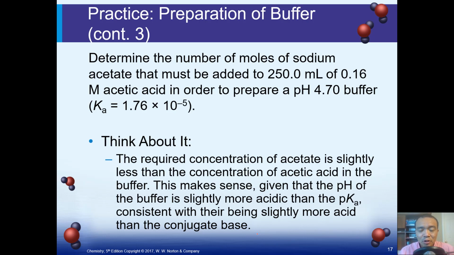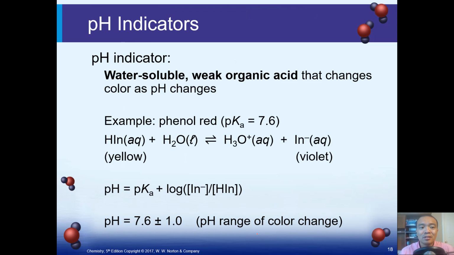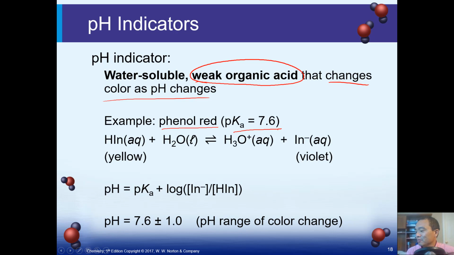Now we're going to switch gear and talk about pH indicators. The pH indicators themselves are actually weak organic acids, but they are special because they will change color when the pH changes. For example, for so-called phenol red, the pKa is 7.6.